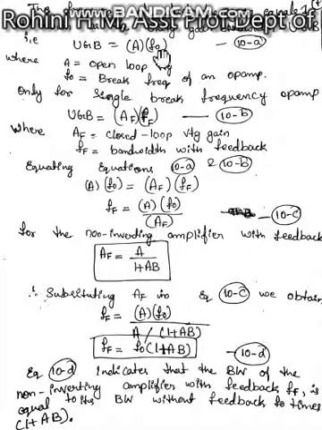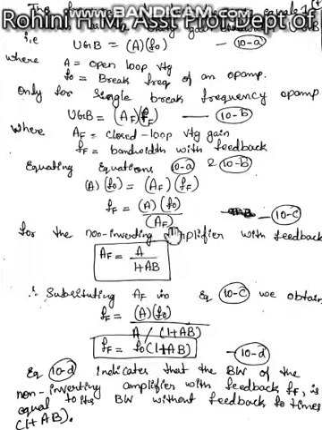For a single break frequency, the unity gain bandwidth is also given as A_F into F_F, where A_F is the closed loop voltage gain and F_F is the bandwidth with feedback. Equating these two equations and solving for F_F for the feedback non-inverting amplifier, we get F_F equals A into F naught divided by A_F. For the non-inverting amplifier, A_F is A divided by 1 plus A beta.